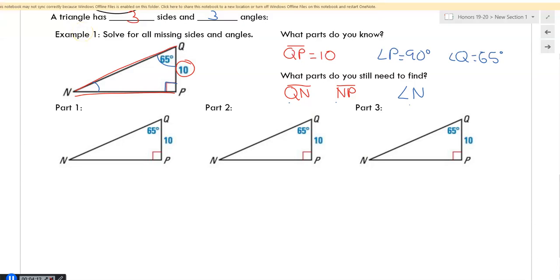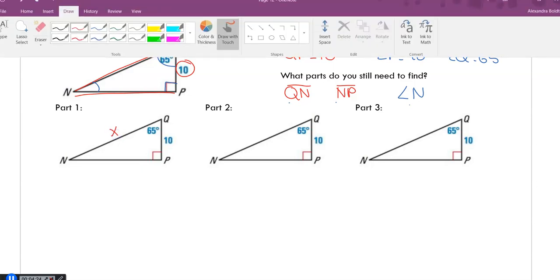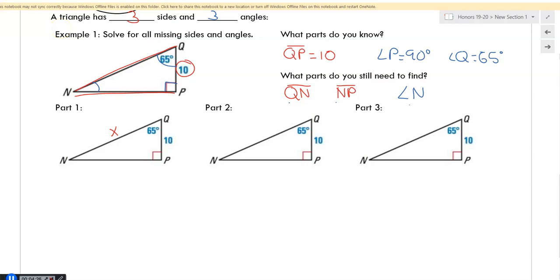So I'm going to start by solving for QN. So I'm going to redraw the triangle. I have redrawn it for you already. QN is where my x is going to go. Now I'm solving this problem. This is a problem where I'm solving for a side. Now we're just doing exactly what we've done for the past few days. Right? Here's my angle.